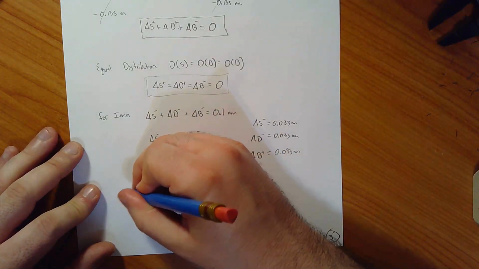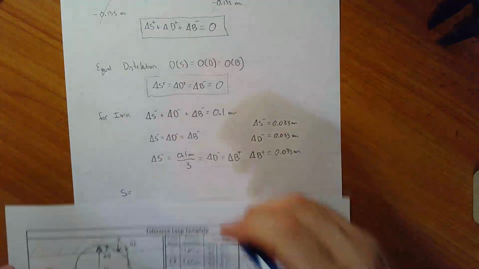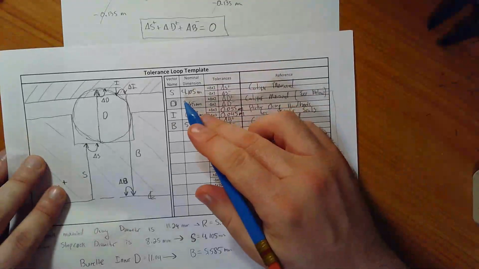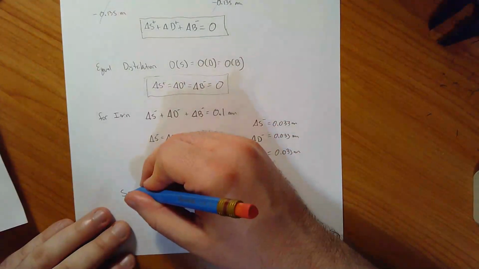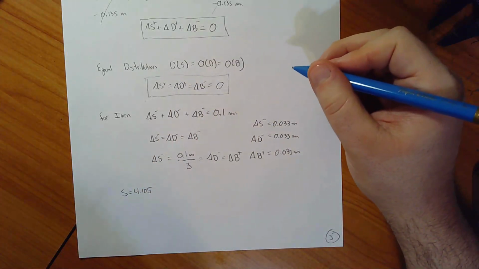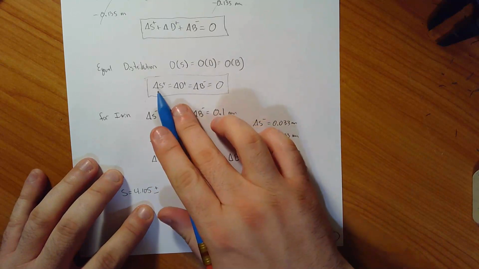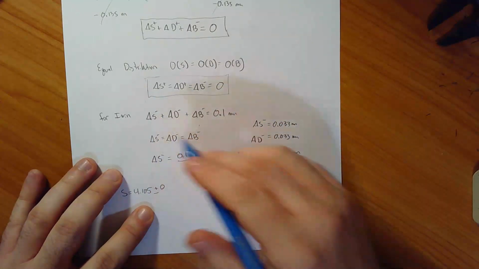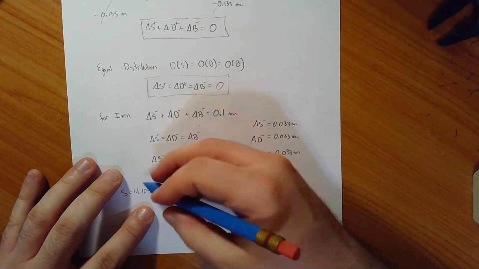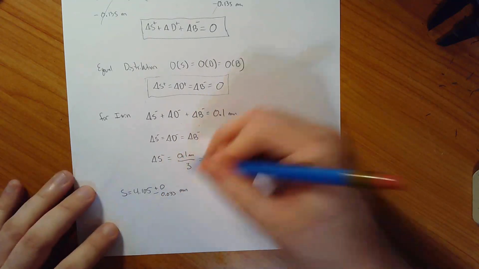Okay, so last step then is I want to write the nominal dimensions and their tolerances. So S is, if I go all the way back to the beginning, 4.105, and then it's going to be plus or minus. S plus is just 0, and S minus is 0.033 millimeters.